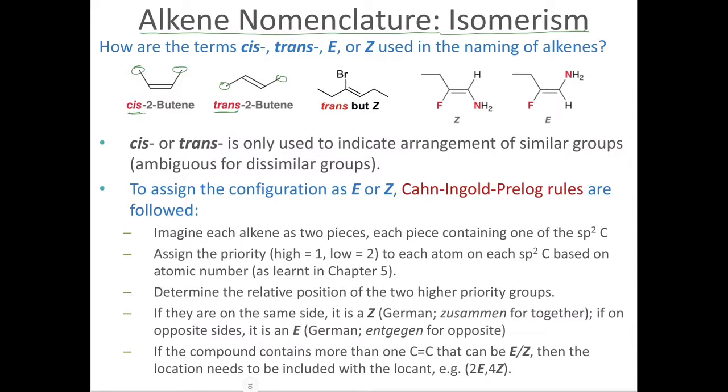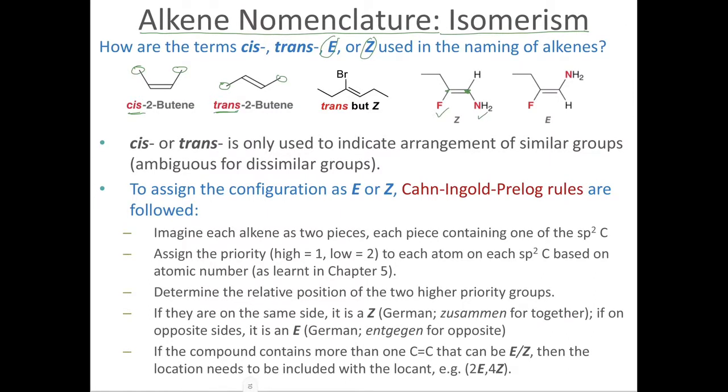The next thing I want us to consider is how to use the E and Z configurations. Now here, we are going to look at the sp2 hybridized carbons, and then we are going to assign priorities to the substituents on those carbons. Okay, so we can start from the one on the right. The high priority is that one, and then the one on the left, the high priority is fluorine in terms of the atomic numbers.